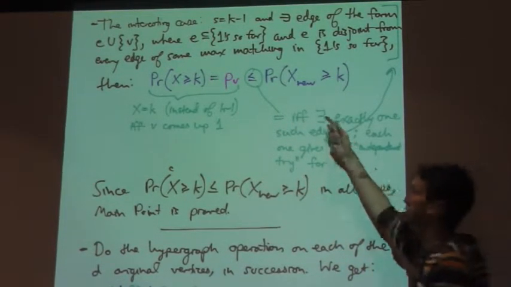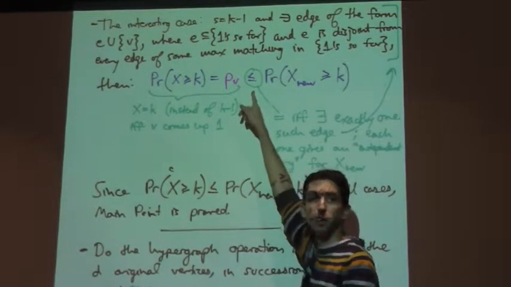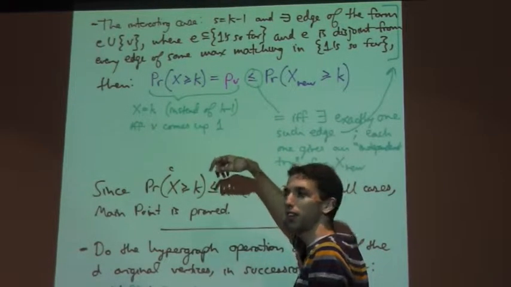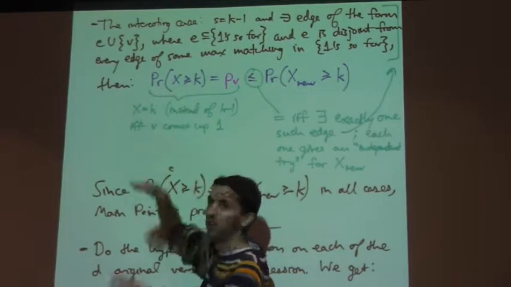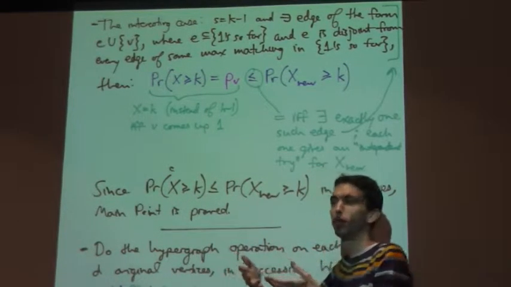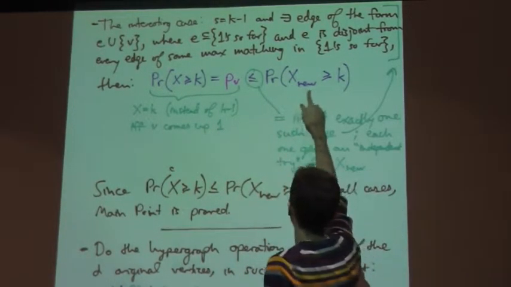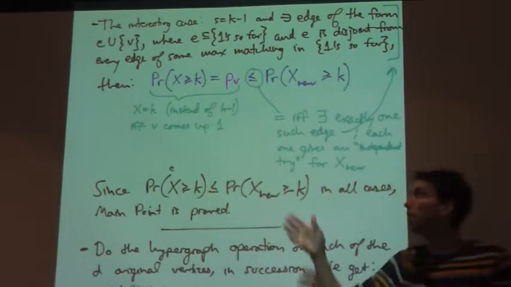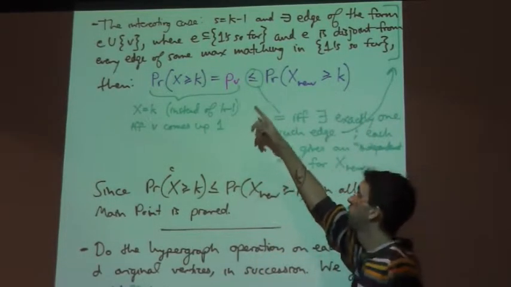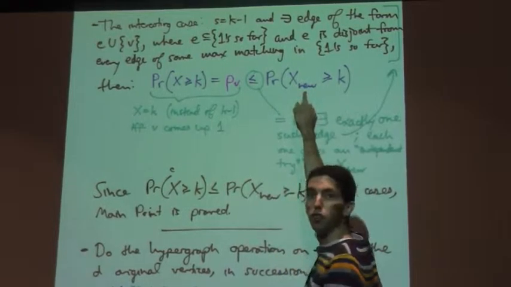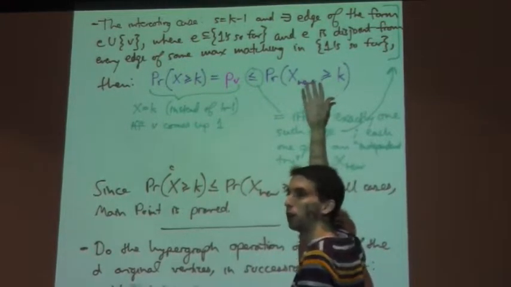So we have that inequality there: the probability that x increases from k minus 1 to k is at most the probability that x new increases from k minus 1 to k, because each of the candidate edges in the x new hypergraph gets an independent attempt.